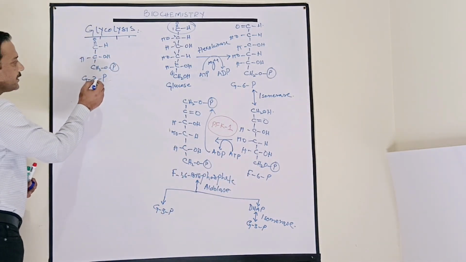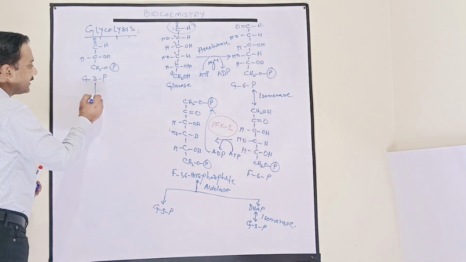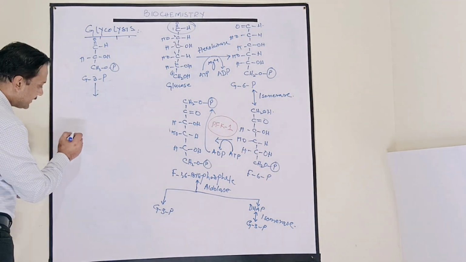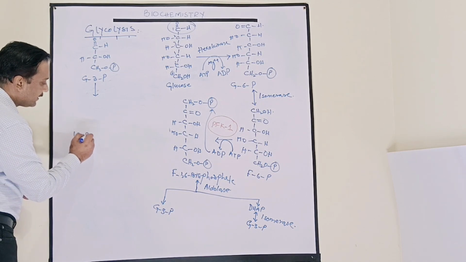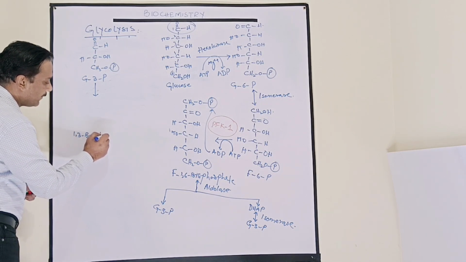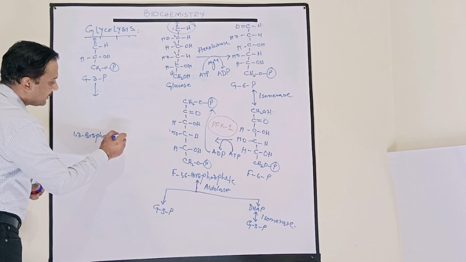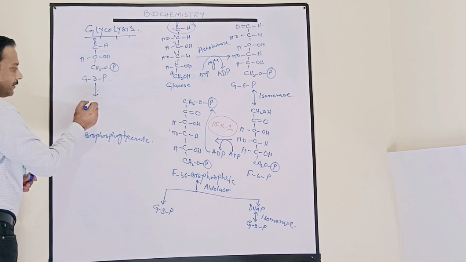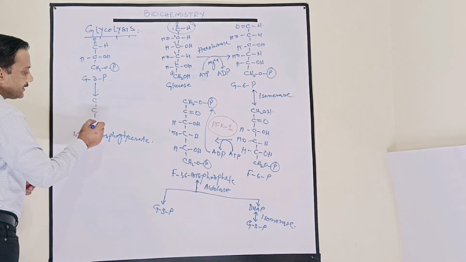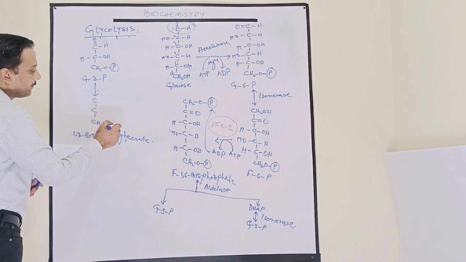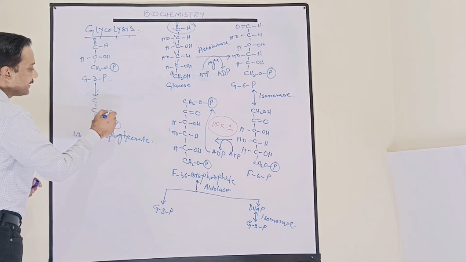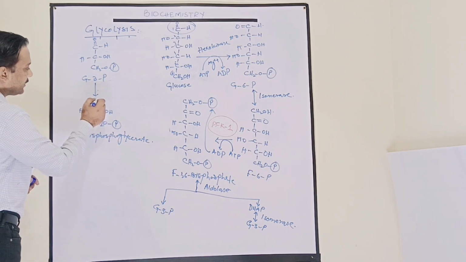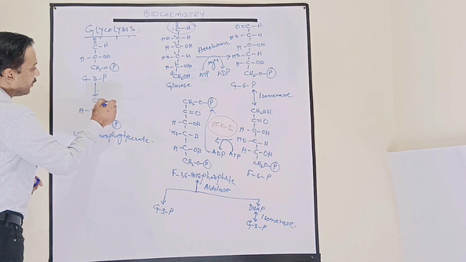This glyceraldehyde 3 phosphate in the next reaction is converted into 1,3 bisphosphoglycerate. 1 2 3, CH2OP, OH, and this is 1,3, CH2OP.